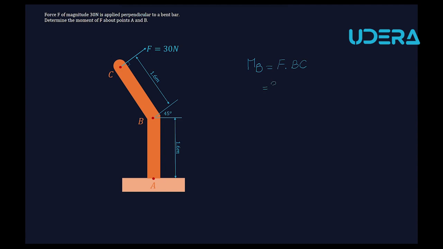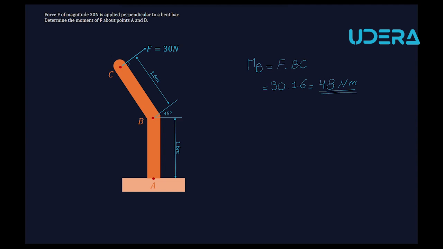So F is 30 newtons times 1.6, which will be 48 Newton meter. So this is the moment of force F about point B.